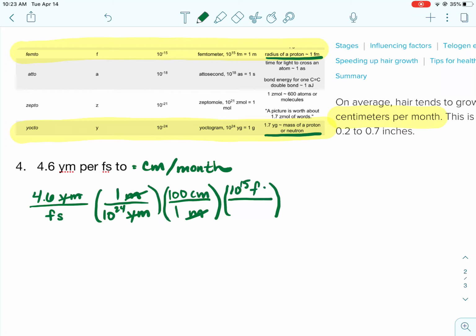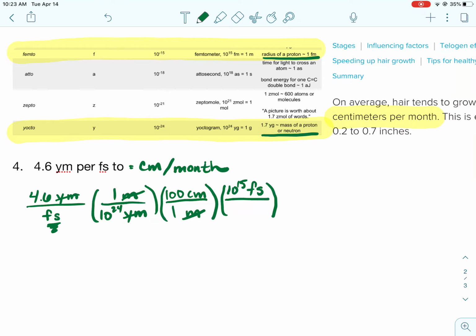All right, let's work with femtoseconds. Okay, so for a femtometer, it's 10 to the 15th, so that will work for femtoseconds also, because femtoseconds is in the denominator. To cancel it, we'll put it in the numerator in 1 second.